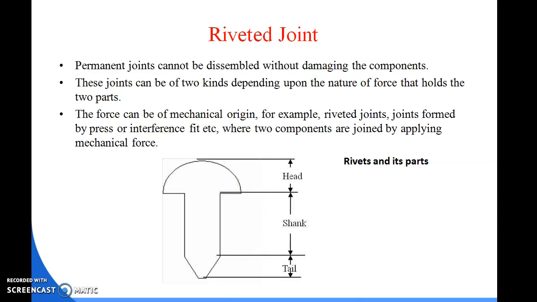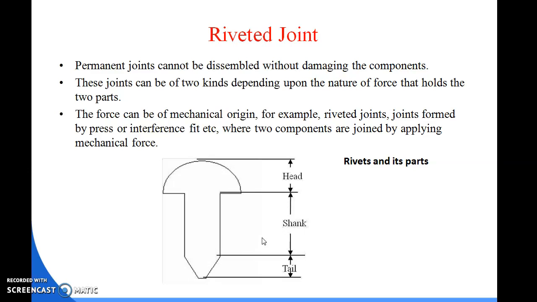The lower portion of the shank is known as the tail. After the shank, the lower part of the rivet is called the tail part. So this is the whole diagram of a rivet which we can use for fastening.